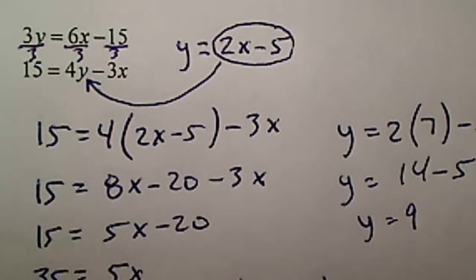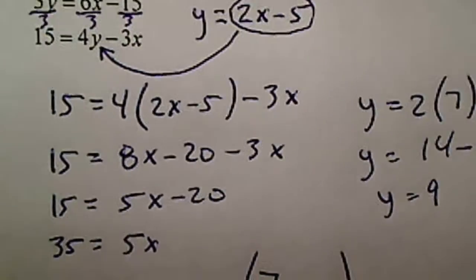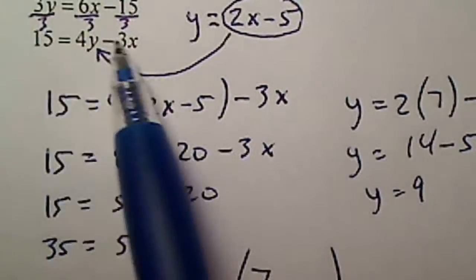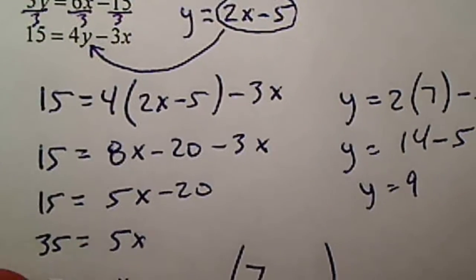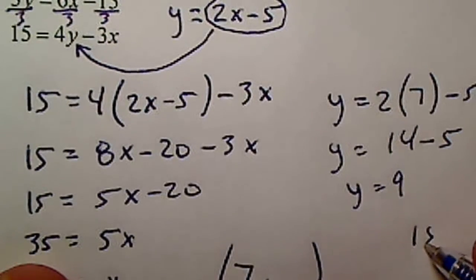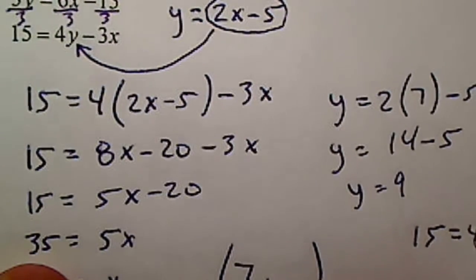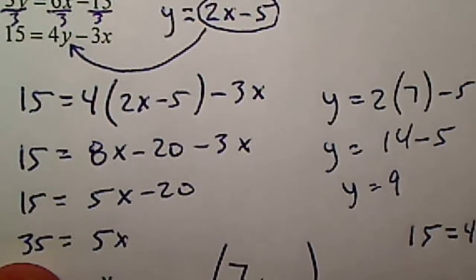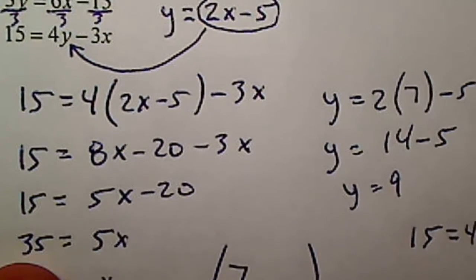But at this point, we should take our x value 7 and our y value 9 and plug them into the bottom equation, the one we haven't used at all, and see if we get the right answer. So I'm going to rewrite that. 15 equals, when I get to y, I'm going to replace y with 9. I'm going to replace x with 7.